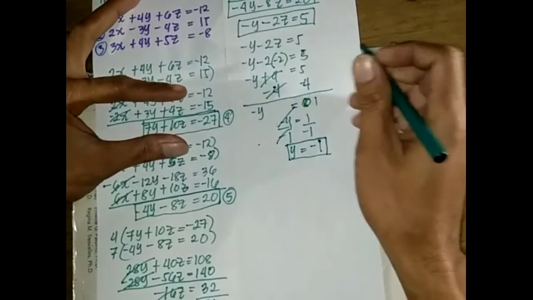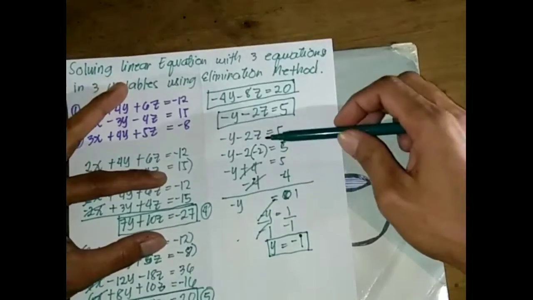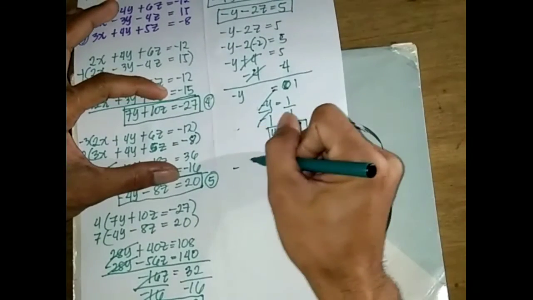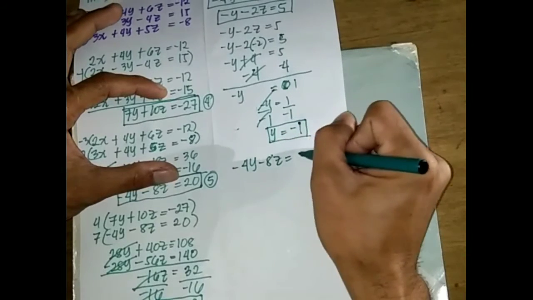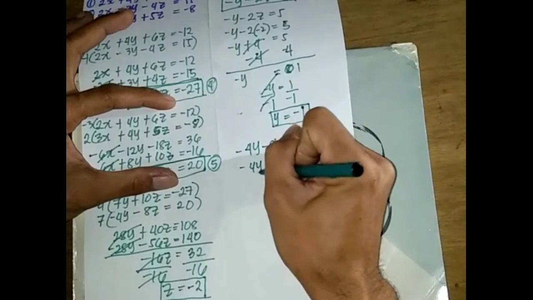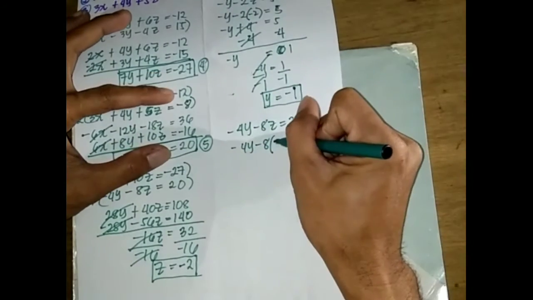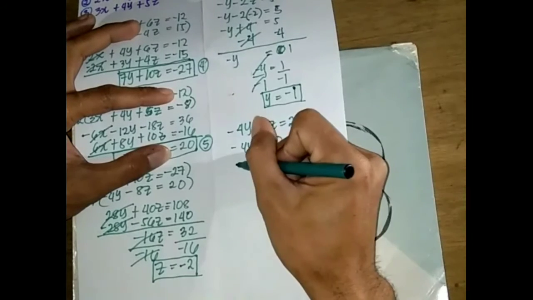So to make sure that this equation and this one are equal, substitute din natin yung negative 2 dito para masigurado lang natin. So negative 4y minus 8z is equal to 20. Negative 4y minus 8, substitute negative 2, copy 20.